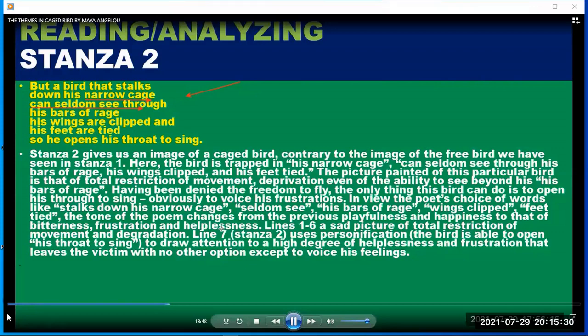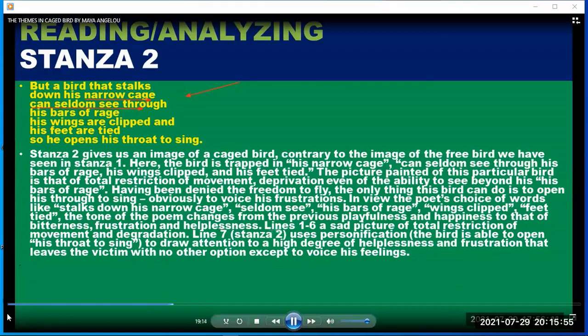And the caged bird is a metaphor for the average Black American subjected to slavery or enslavement. And even after the abolition of the slave trade, this same Black American was subjected to racial discrimination in the American society of that period.